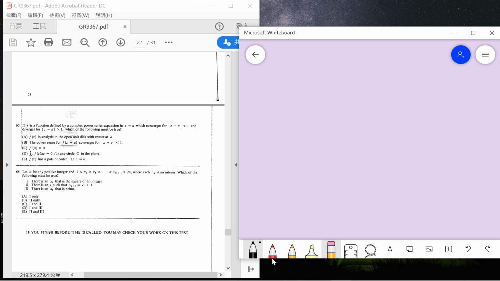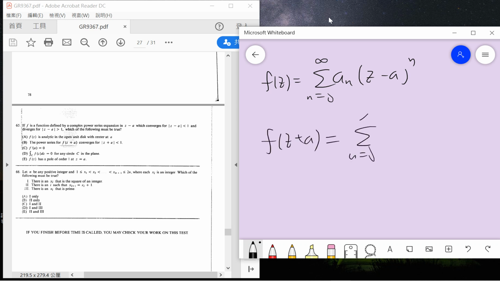So to disprove B, we try to come up with an example that is probably not correct. Suppose this is f of z, then we try z plus a, then we have what?